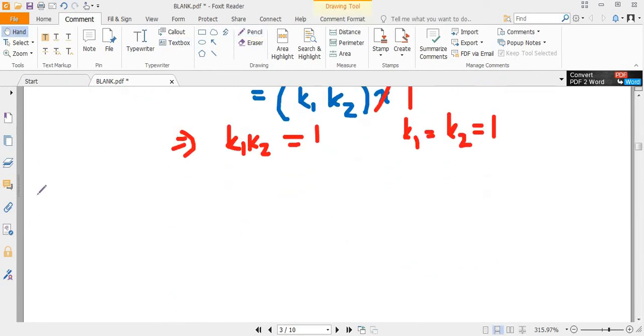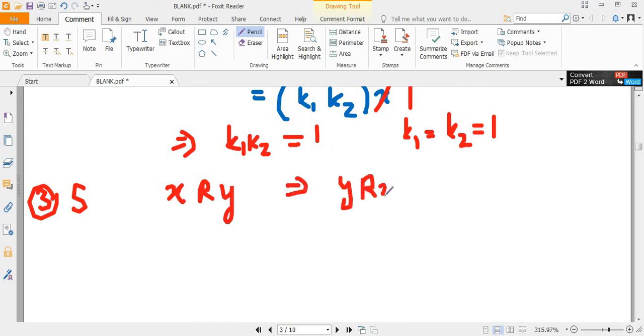What is the third property? The third property is the symmetry property. What was the symmetry property? The property was that if x is related to y, I should be able to conclude that y is related to x. Now is that true in this case? If x is related to y, I'll have to say x equals ky, where k belongs to the set of positive integers.